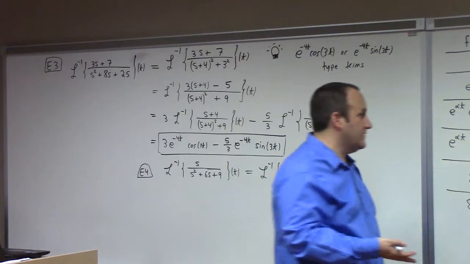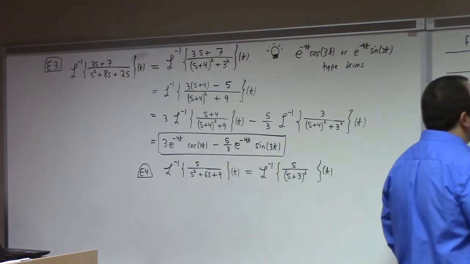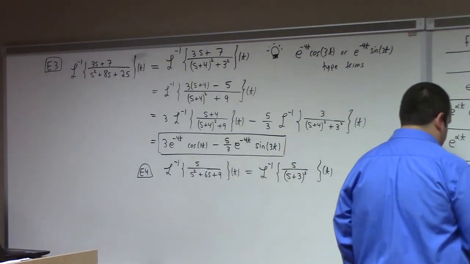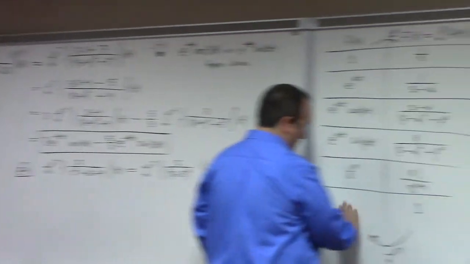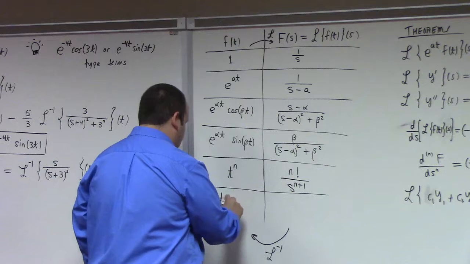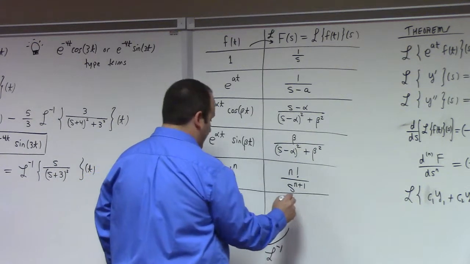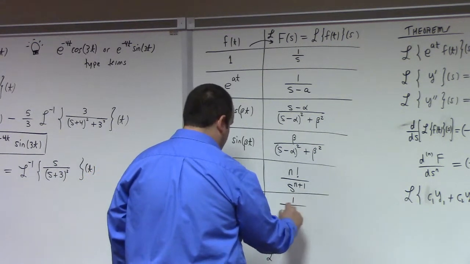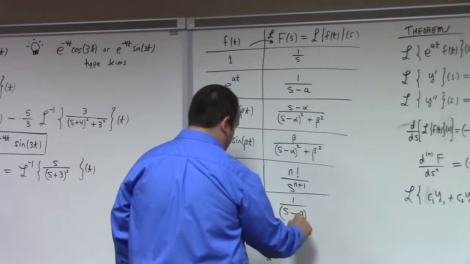But what we do have, one that might be good to add to this, if I was going to get rid of my delta, put in something more useful, t e to the at, which Laplace transforms to 1 over s minus a squared.